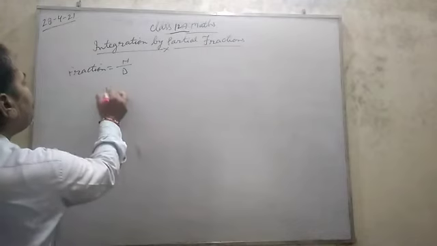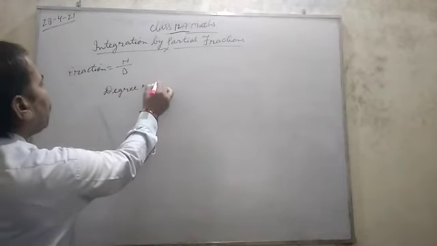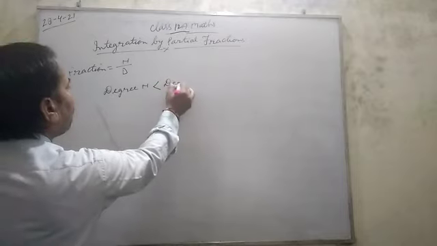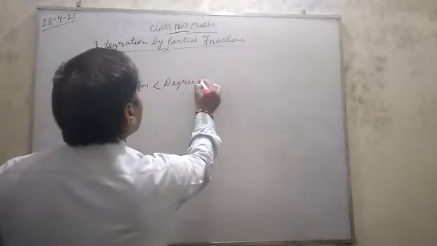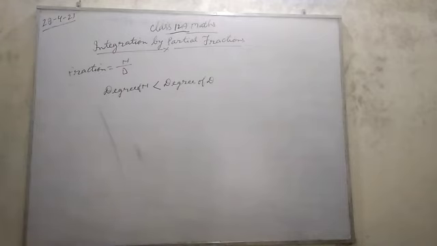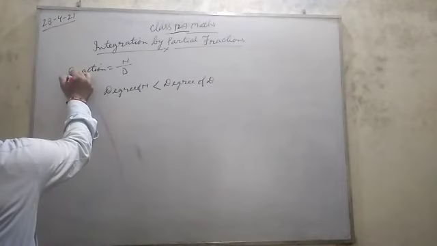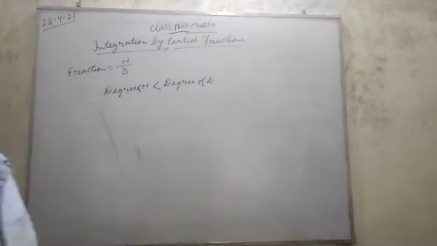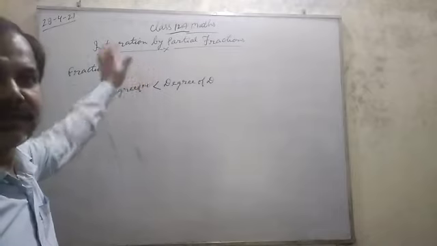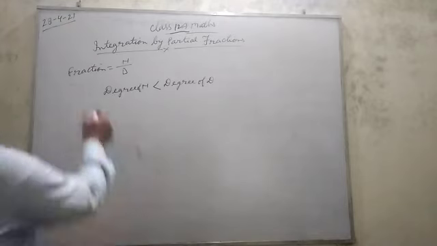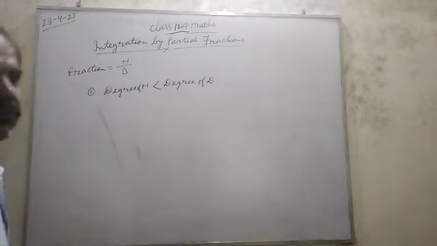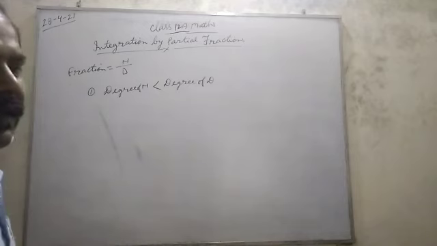And if the degree of the numerator is less than the degree of the denominator, okay, in that condition, no problem. Like that, what is given in rational form, you integrate it.